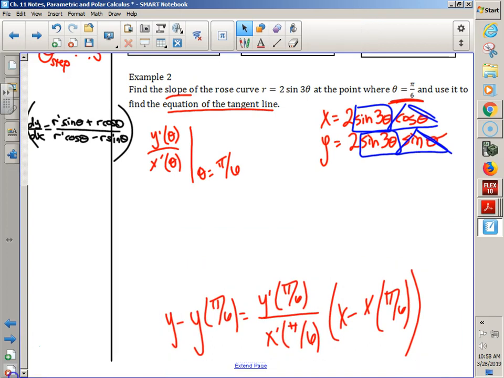Pi over 6. Then you have to get your x and get your y. Which, if you have to get your x and get your y, you have to form those equations anyway. Well, I guess you could do it this way too.